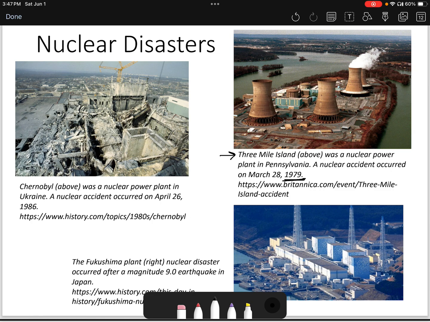Another famous incident was in Ukraine in 1986. Chernobyl was a nuclear power plant that exploded, and essentially someone was doing a routine test on the nuclear power plant, and something just went wrong, and excess steam from the reactor blasted the roof off and exposed the surrounding towns with radiation.